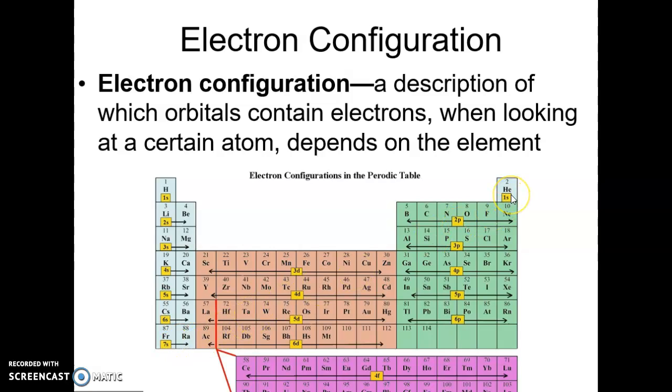And then way over here, helium is also 1s. And then there are 1, 2, 3, 4, 5, 6 columns if you want to put them in there. Otherwise, you could just make a block. And this is 2p, 3p, 4p, 5p, 6p, and then this would be 7p.